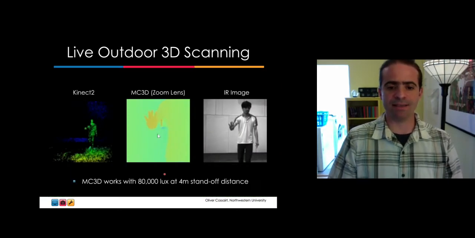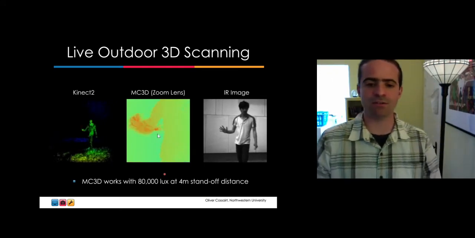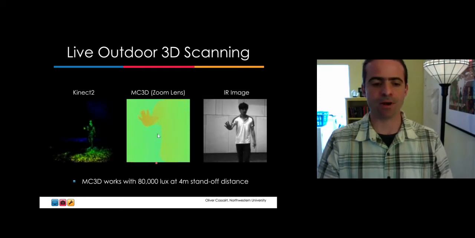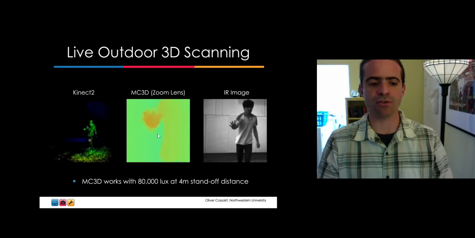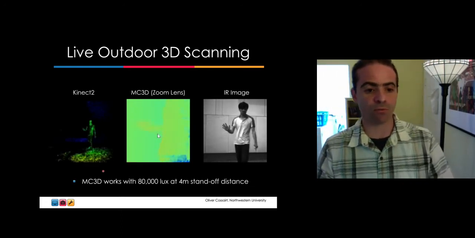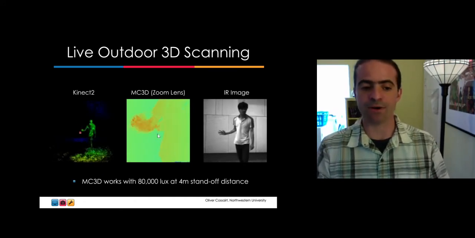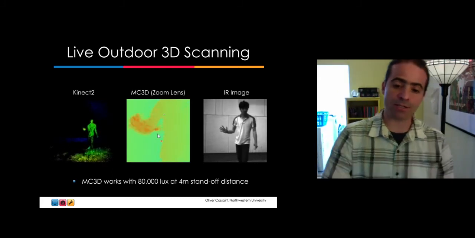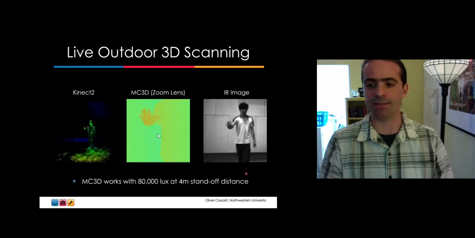Simple experiment with Nathan moving his hand back and forth in front of the scene so that you can see that as the color turns red, his hand is moving closer to the camera. And you can see a comparison to the Kinect 2 sensor, which is also using this temporal modulation form of rejecting ambient light, but still suffers from a lot of noise in this very bright light conditions, where our motion contrast-based sensor is producing pretty darn good 3D results even in these very bright conditions.